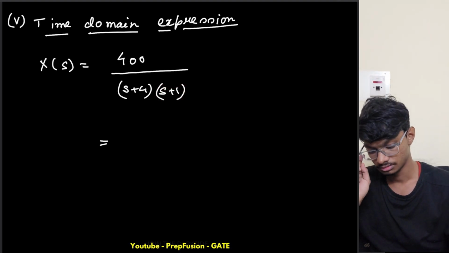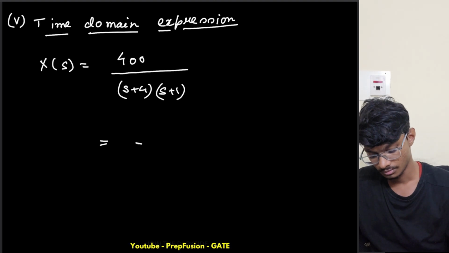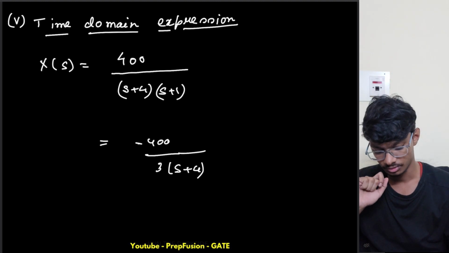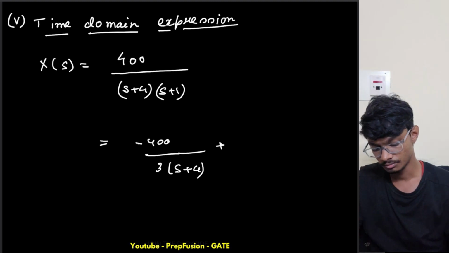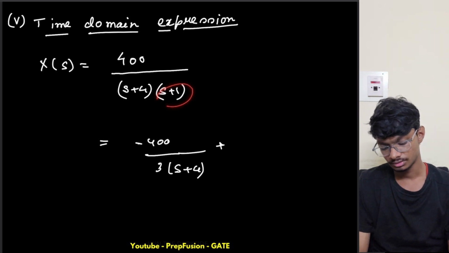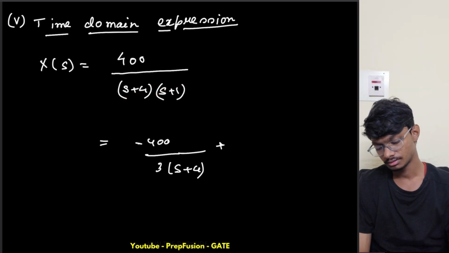So this will come out to be minus 400 by 3 into s plus 4. And what will the other come out to be? Put s equals to minus 1 this time. I get 400 by 3 into s plus 1.